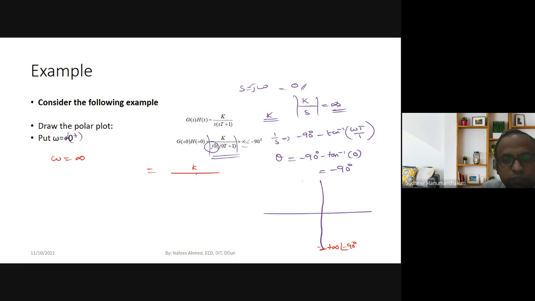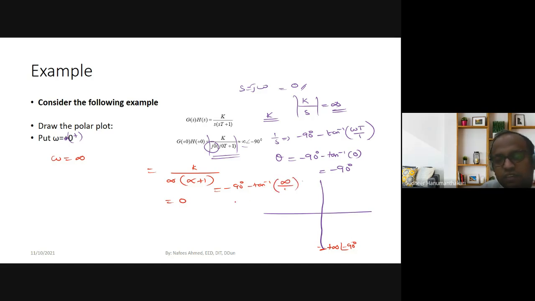K by infinity into infinity plus 1, so this will be 0. And the angle is minus 90 degrees minus tan inverse of infinity.